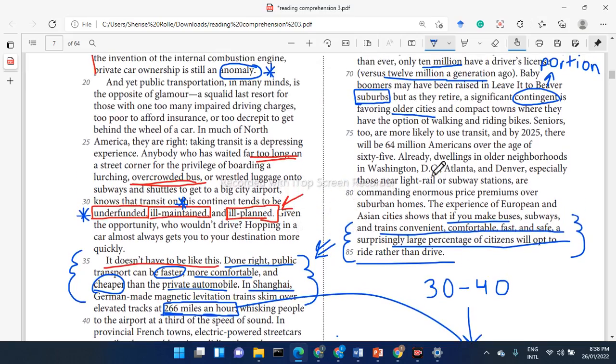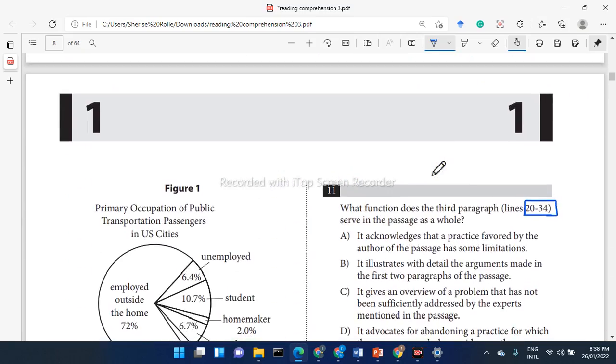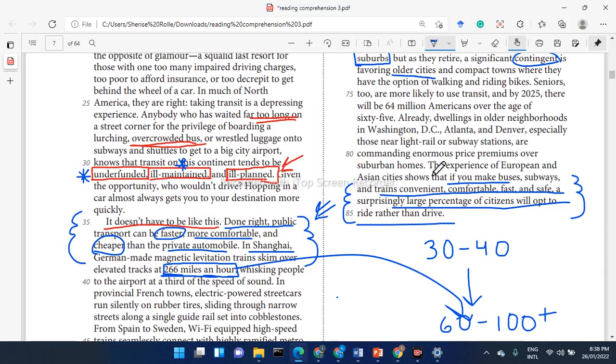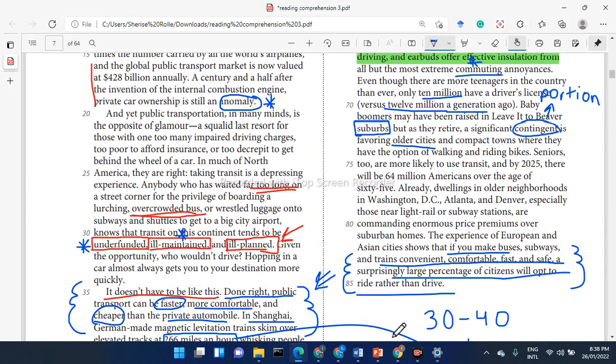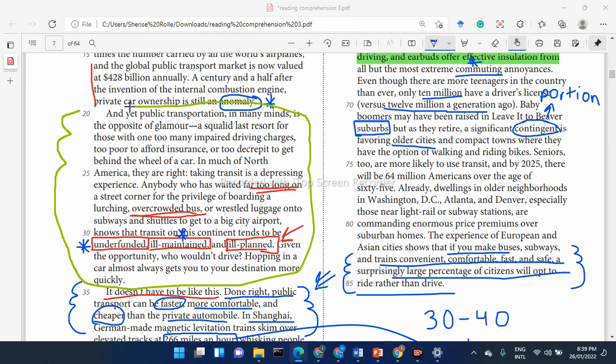Lines 20 to 34. That's all of this. Okay, so what does this green part serve to do?